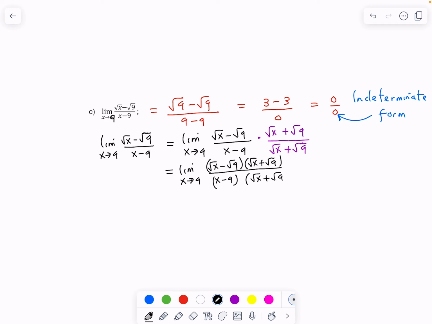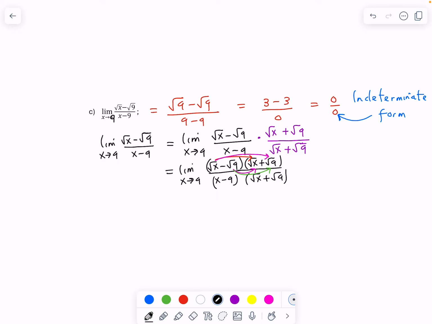I'm going to distribute the numerator: this square root of x will multiply square root of x here, and also multiply the square root of 9, and this square root of 9 will multiply square root of x, and square root of 9 will also multiply square root of 9.